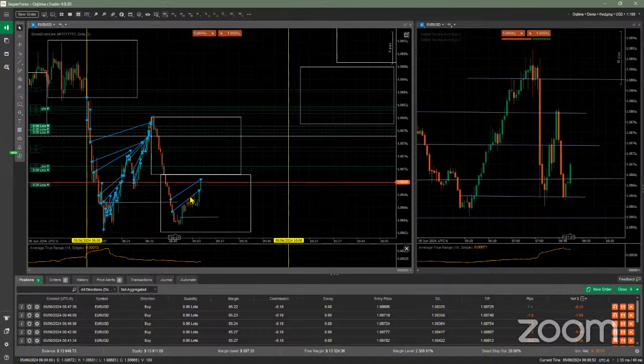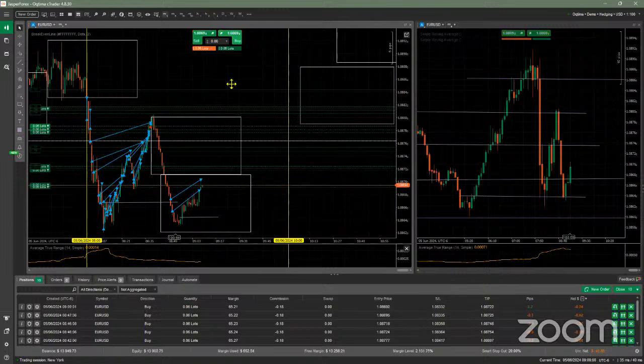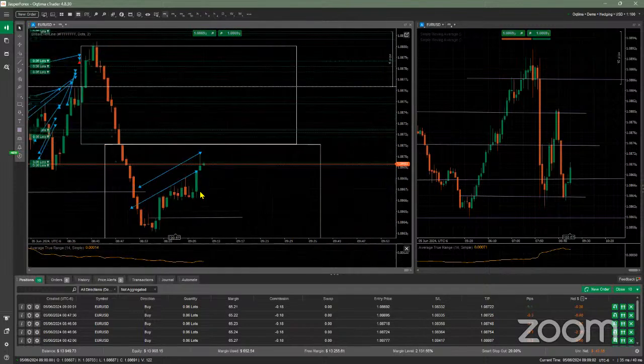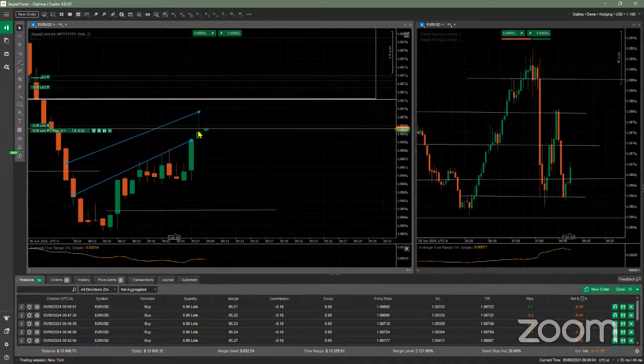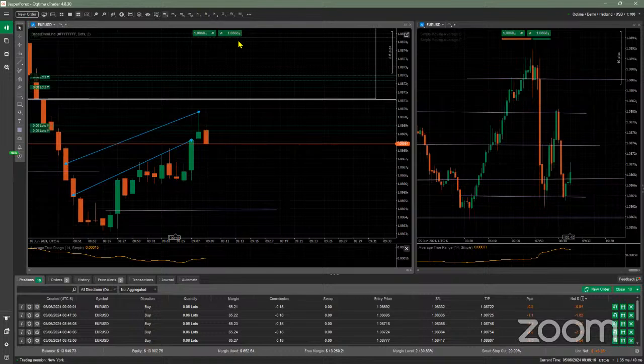All right, so that's two. Let's recycle maybe one or two. If I see a pullback like so, a little retracement on that wick there, this right here. There's that red candle.